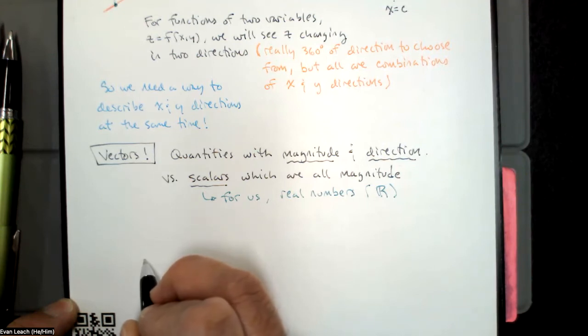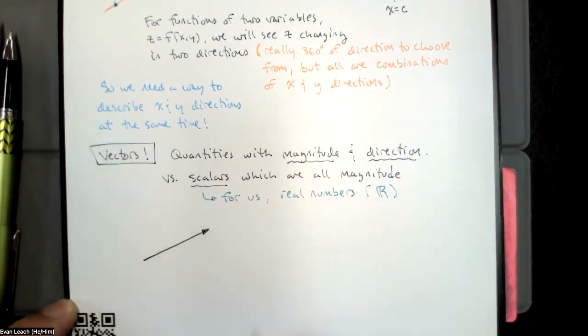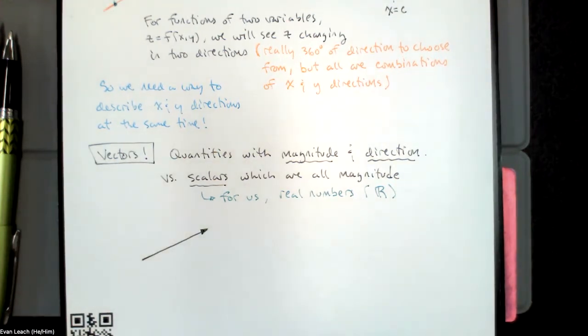So we're going to have a vector. We're going to represent vectors with arrows because they have magnitude and direction. The magnitude is going to be the length of the vector, and the direction is the direction that the arrow is pointing.